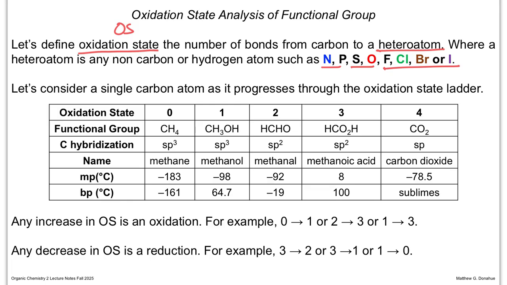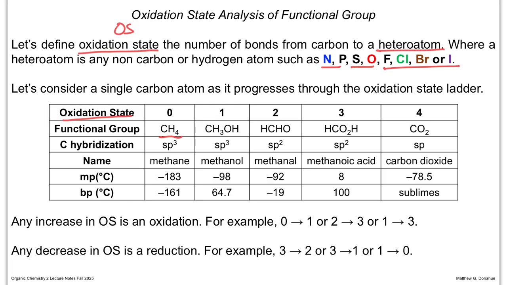So what do we mean by oxidation state here in this table? So if we consider the functional groups, in the first or second column here we have methane, so CH4. That carbon has no heteroatoms attached to it, so we're just going to call it oxidation state 0. The carbon is sp3 hybridized.